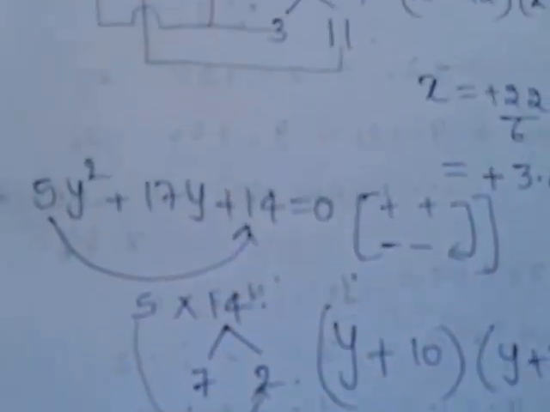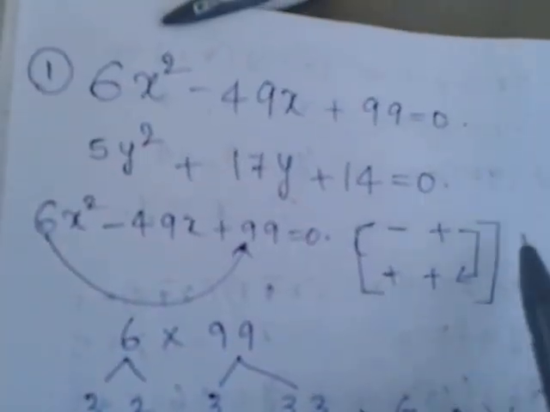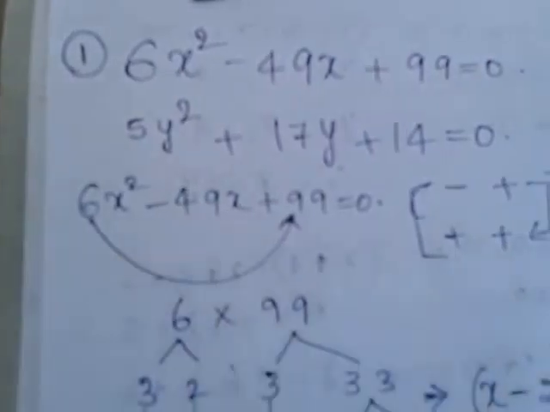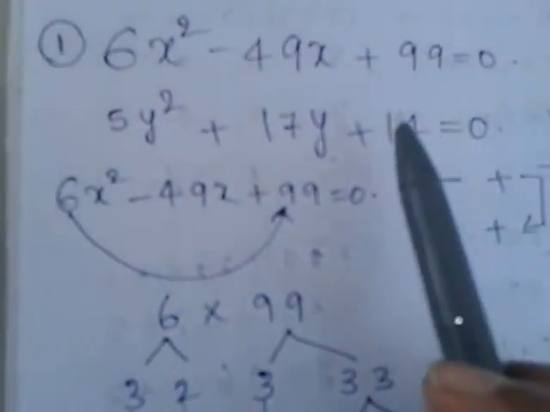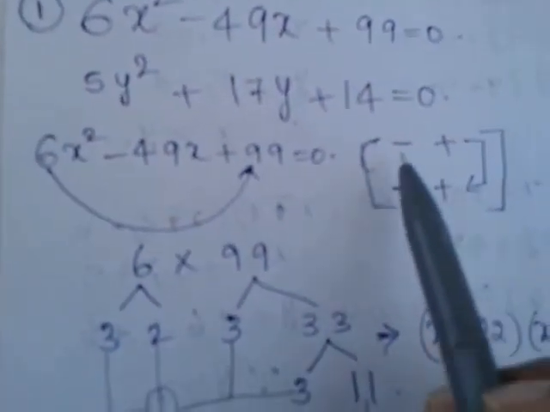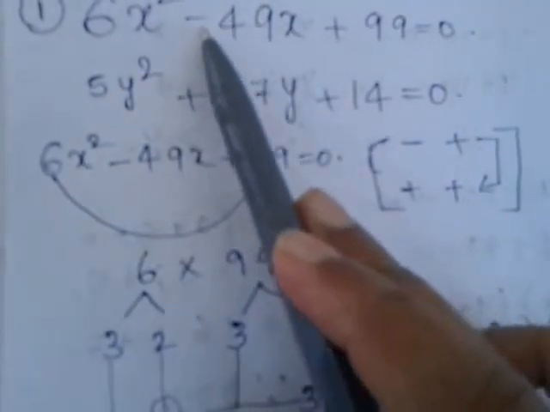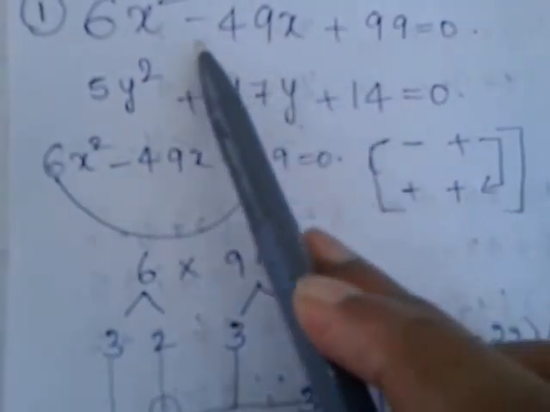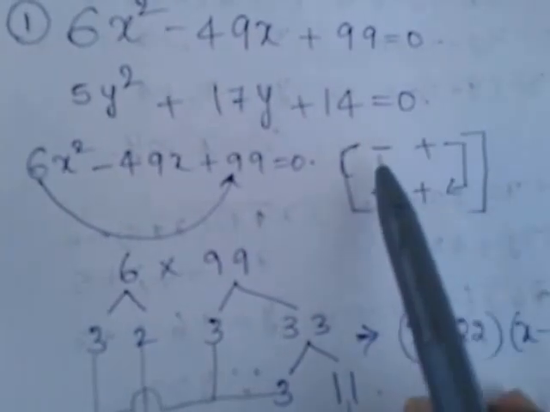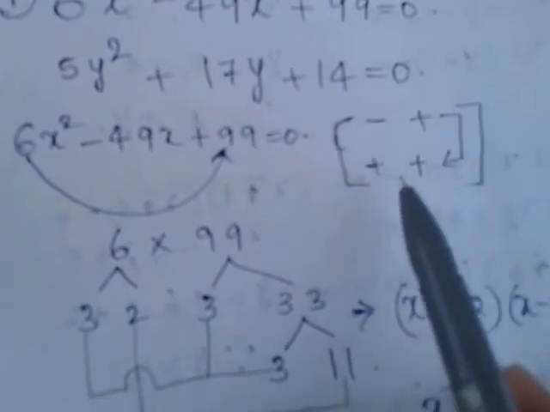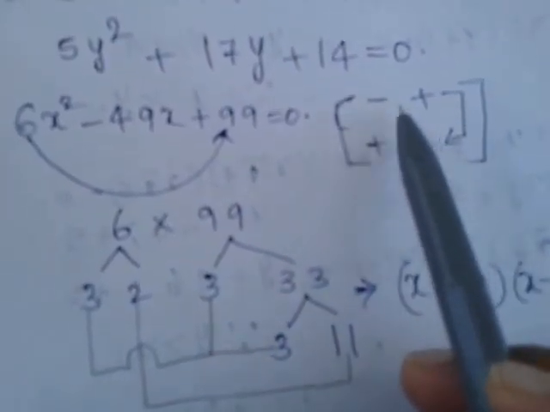See, if you are luckily getting this kind of equation, sometimes you don't have to find the roots. I have told you in the basics class. See, by seeing the question itself you can say what the answers will be. If you get minus and plus in the question, you will get plus and plus roots.